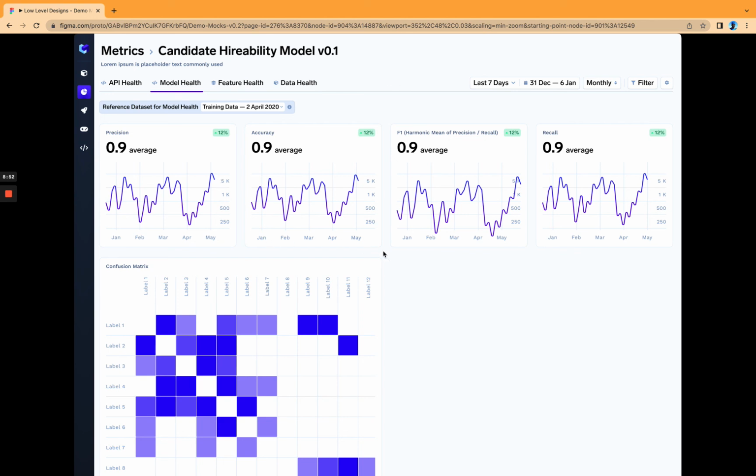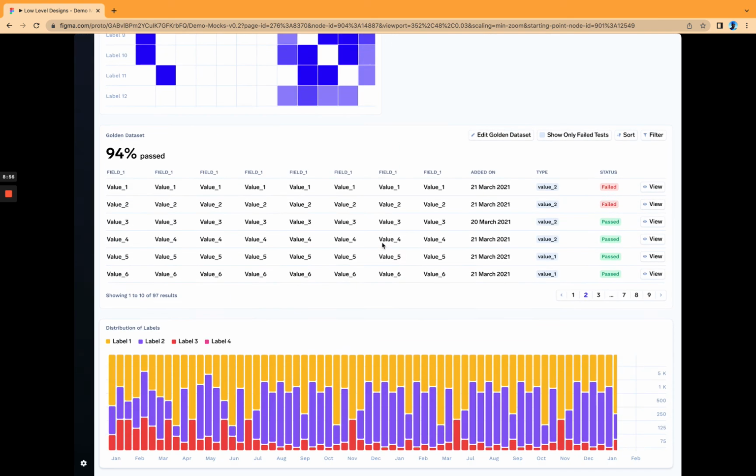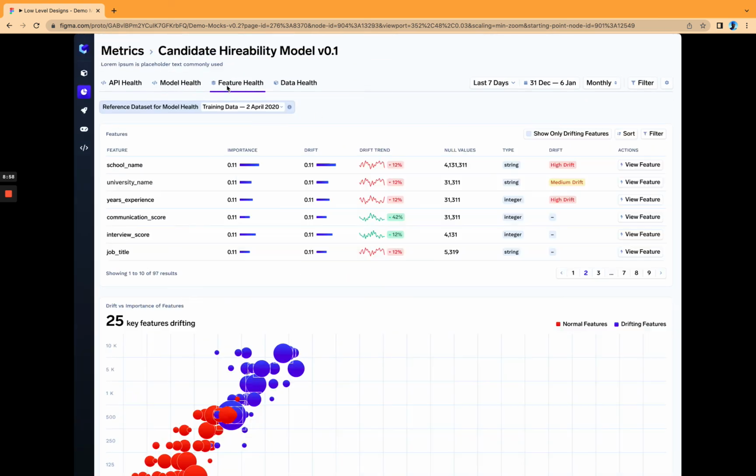Because again, you have already logged these details during your experiment tracking time, and there is no reason why you would want to log the same things during your inference monitoring. And of course, you cannot compute your feature drift if you have not logged your training dataset as well. So again, for this aspect as well, building your inference monitoring solution in the context of experiment tracking makes sense.